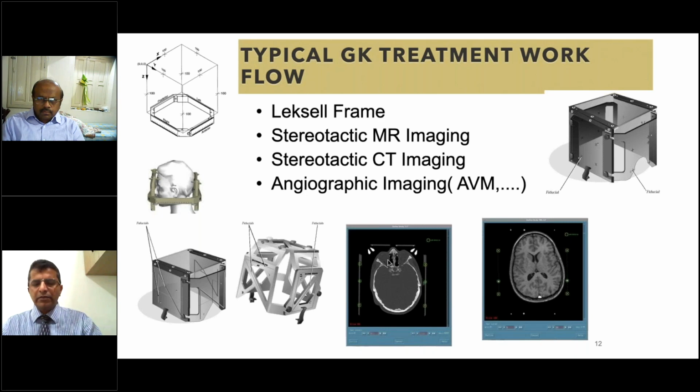This is used for delineating the X, Y, and Z coordinates in the brain. Then it establishes a stereotactic coordinate system in the frame where we could direct the beams utilizing the Leksell coordinate values. That is the technology used by those systems.